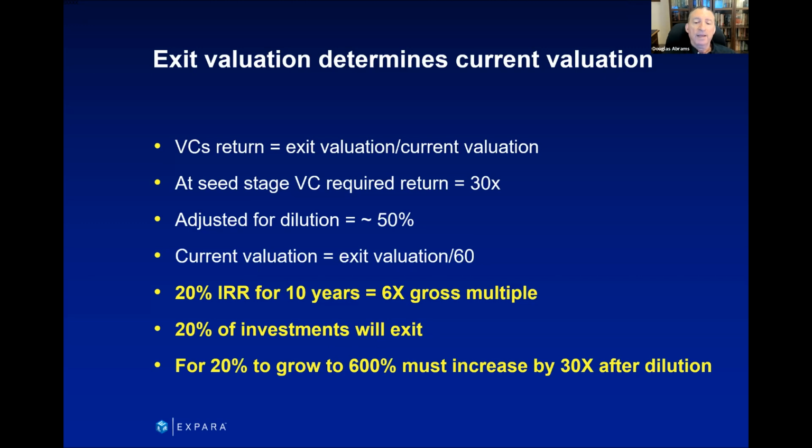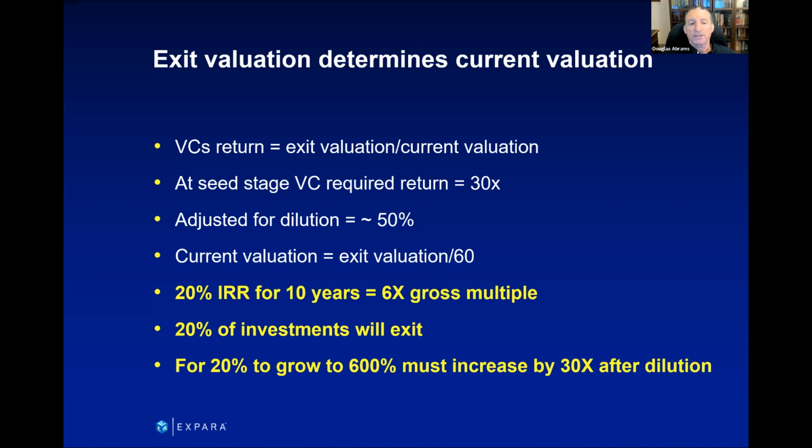And this makes it very easy to value your company, because in order to do an effective VC method valuation, since we know we take this 30x as fixed, all we need to do is calculate the exit valuation and then dilution, and then divide exit valuation by 30 adjusted for dilution.